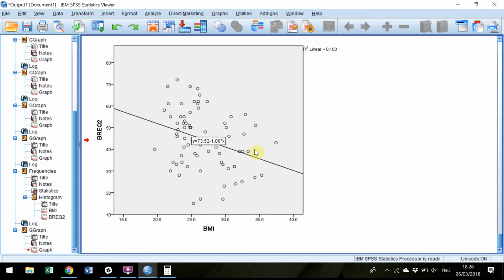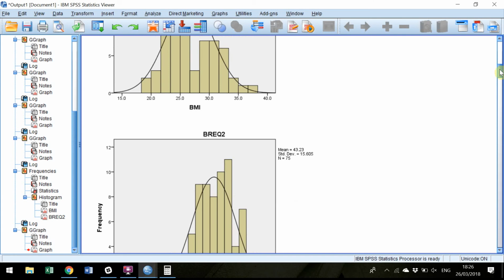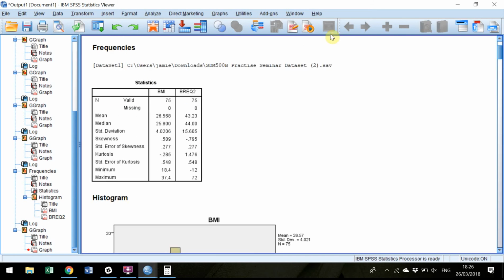Just to go through it in order. Before proceeding with any inferential tests, you must do some form of descriptive statistics, otherwise you'll make bad decisions. Point 1 is comment on the difference between the mean and the median. Point 2, comment on the relationship between the mean and the standard deviation.